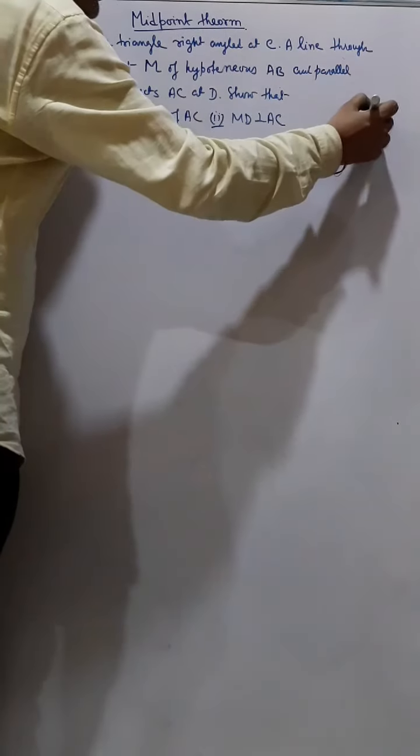Now, in this sum they told ABC is a triangle right angled at C. So suppose this is C, this is A, B, C. Hypotenuse is AB.